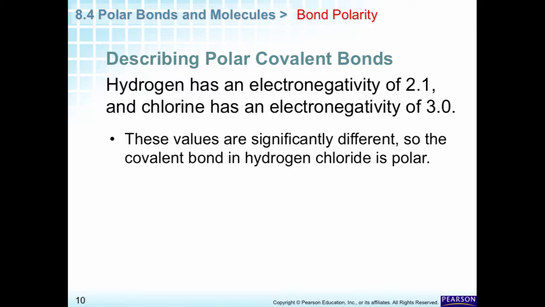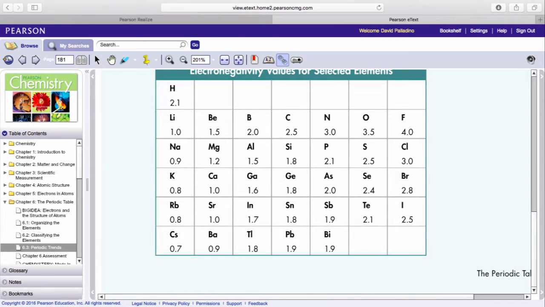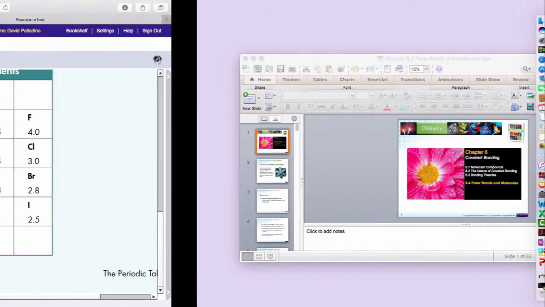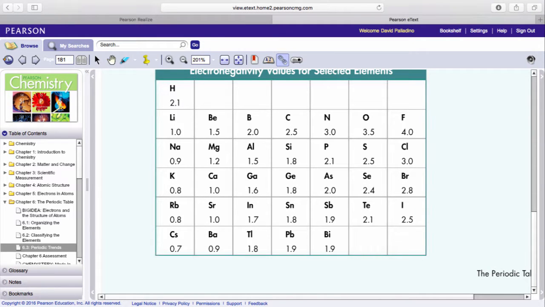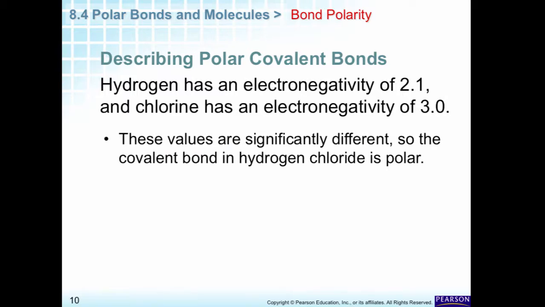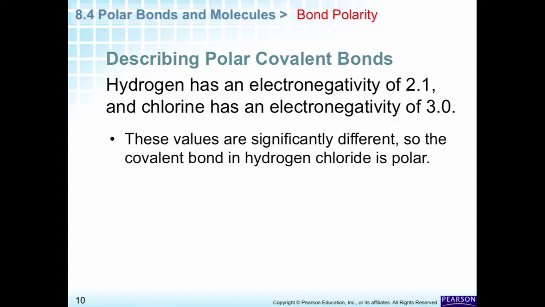So hydrogen, if we look on table 6.2, has an electronegativity of 2.1, and chlorine, right here, has one of 3.0. So the difference is about 0.9. That means the difference is significant, so it's going to be polar. We're going to call that a polar covalent bond.